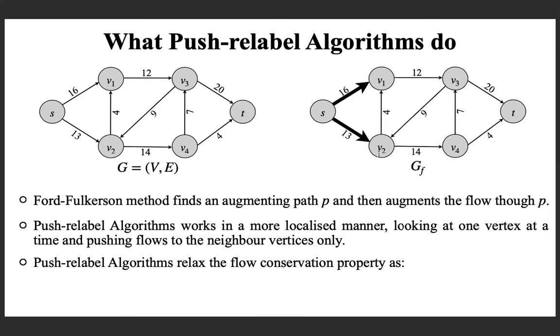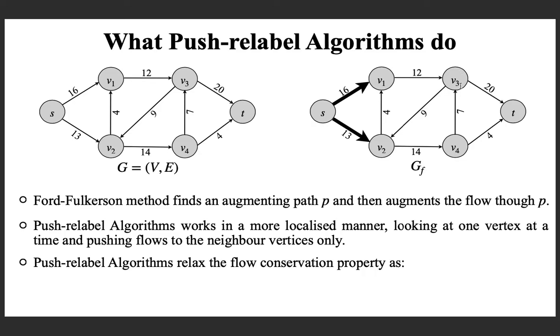And to enable this, these algorithms relax the flow conservation property. Recall that for any flow, the flow conservation property says that if you look at an intermediate vertex, the total flow reaching that vertex must be the same as the total flow leaving that vertex.